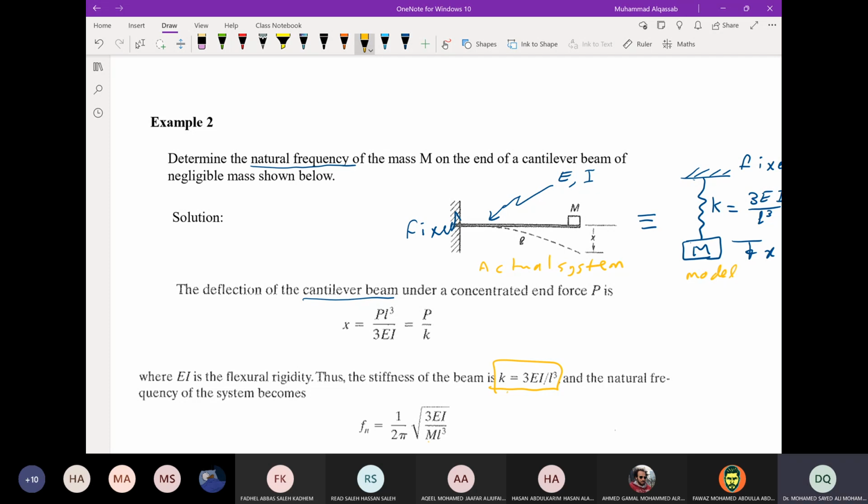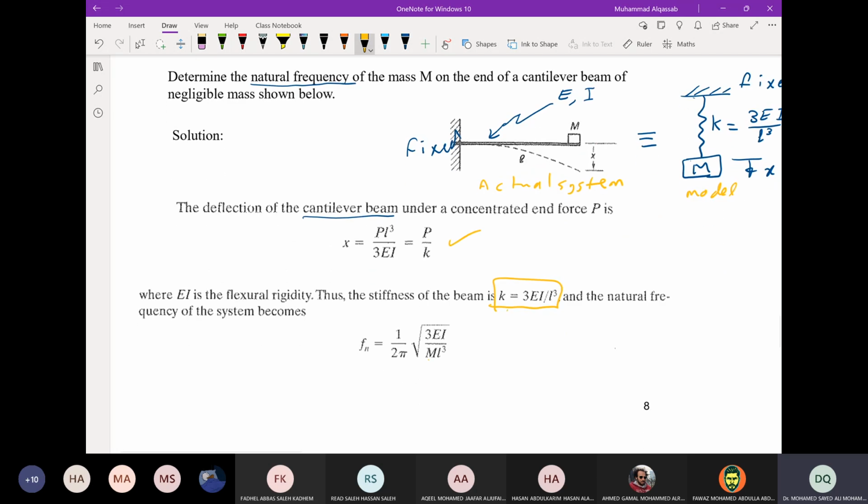And K is assuming this is a uniform cantilever beam, not mentioned, but it should be uniform, as the equation given is for uniform. But if you have a non-uniform beam, what you need is K at the free end. That's what you need, the equivalent spring at the location of the mass.